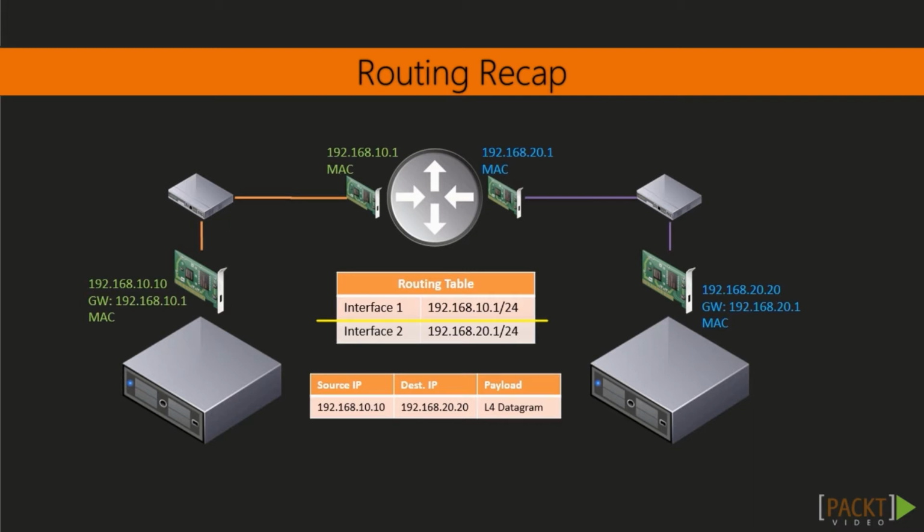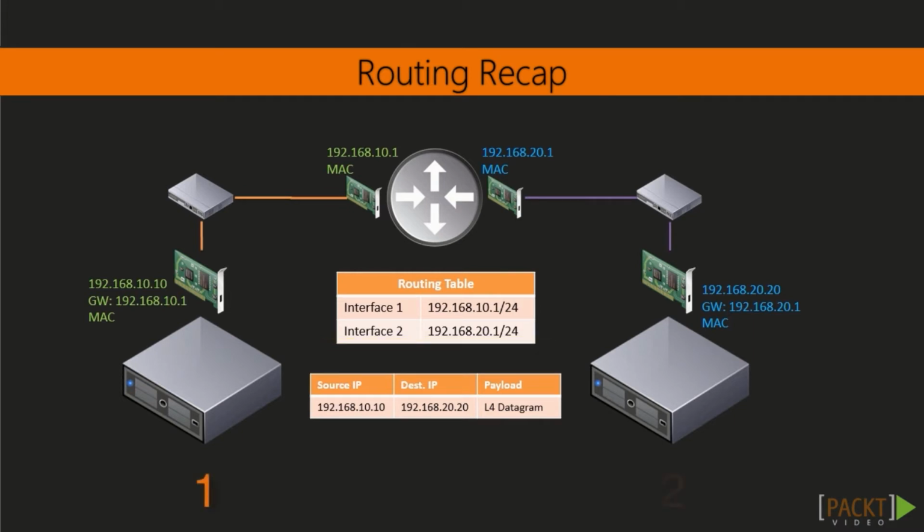Basically, you can use every IP address from the subnet, but in most cases you use either 1 or 254 in the last octet. The second interface is configured in the second subnet, but it's exactly the same. It's a local interface to the router, so it creates a second routing table entry.